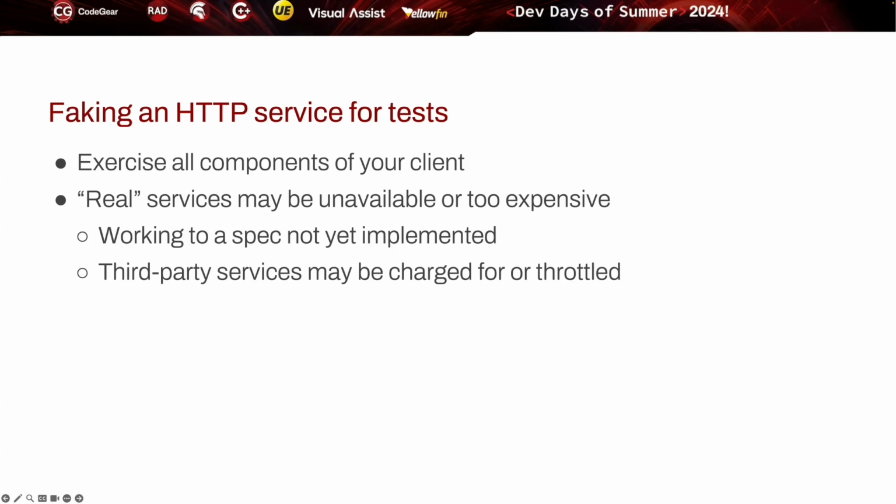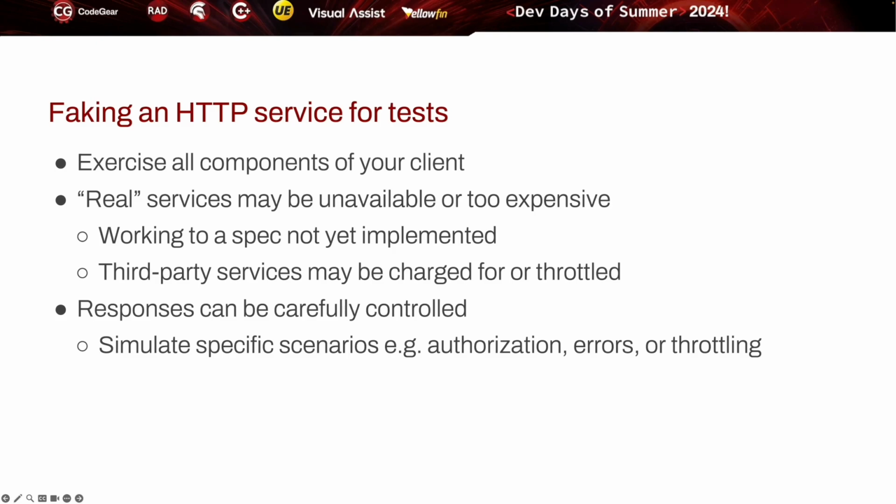You might overwhelm a service that you're relying on, and you might not even realize it because it's not happening on your machine. One is you might be racking up big bills, and two is you might have test suites that then fail because they've been throttled. So that's another good reason why you would want that.